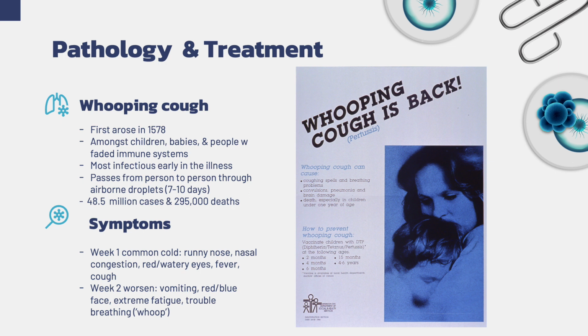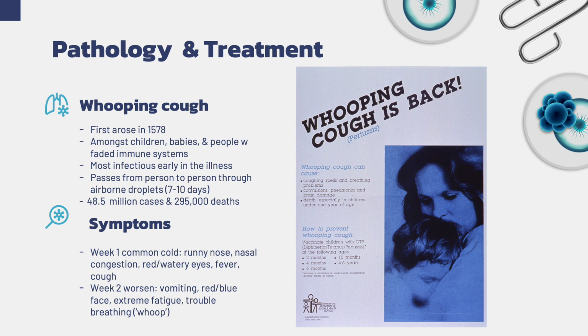Pertussis actually produces a lot of diseases, but the most popular would be whooping cough. It first arose in 1578. It's a highly contagious respiratory disease, mostly common in children, babies, and people with weakened immune systems or people who already have a chronic respiratory illness.